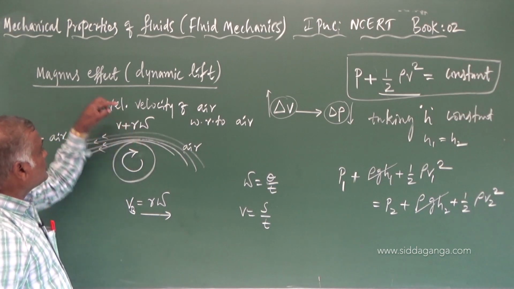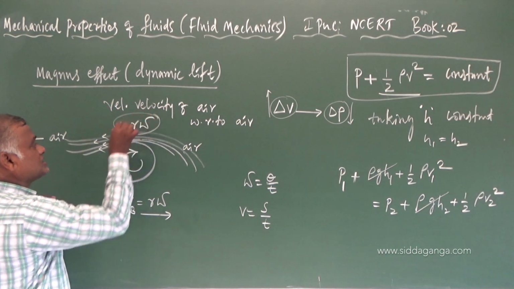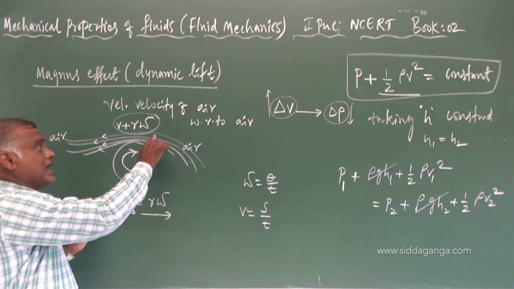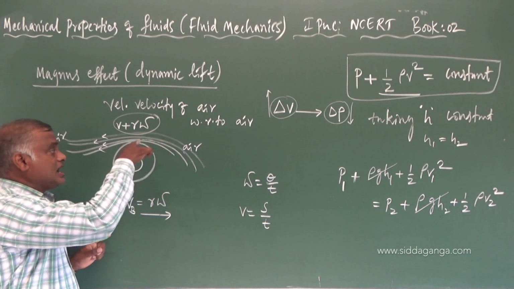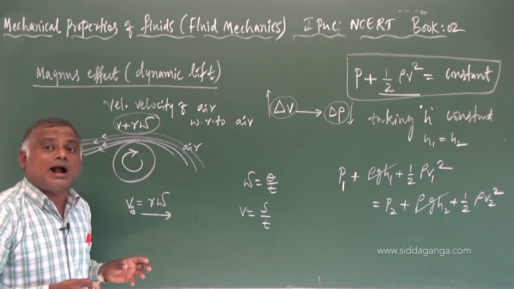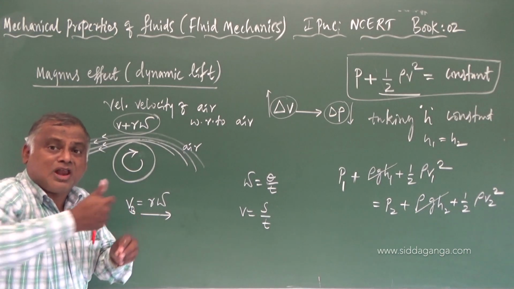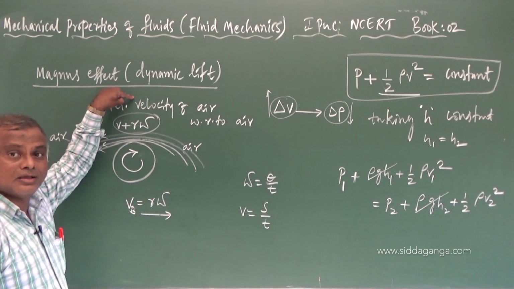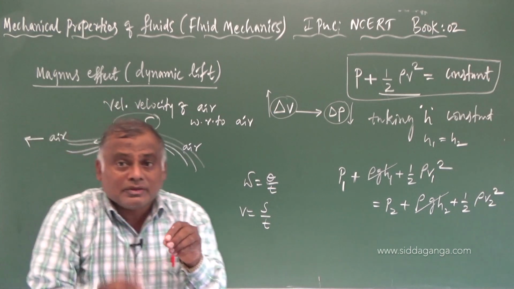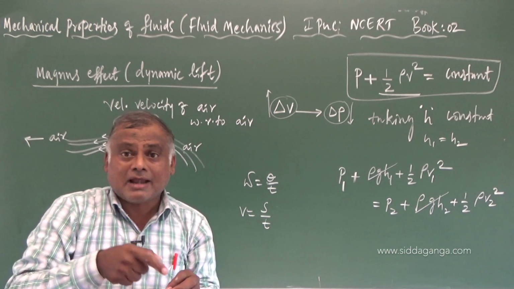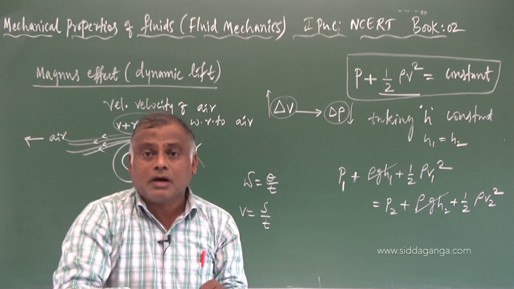As a result, my dear student, understand carefully. The air layer in contact with the ball starts moving with some new velocity, that is the relative velocity. Relative, one with respect to another: air particles with respect to the moving ball.